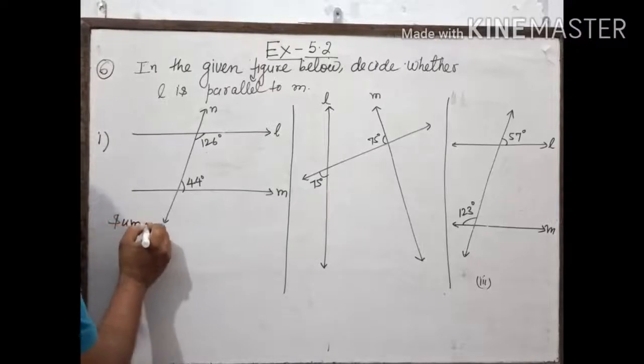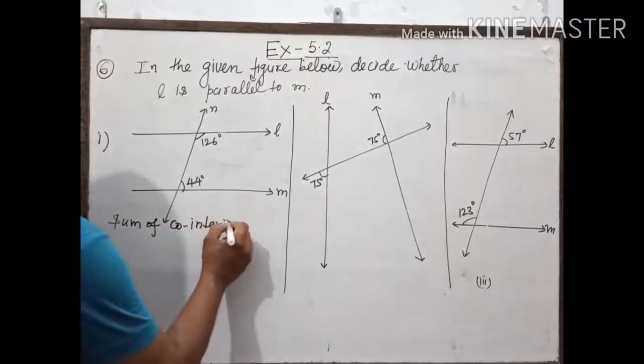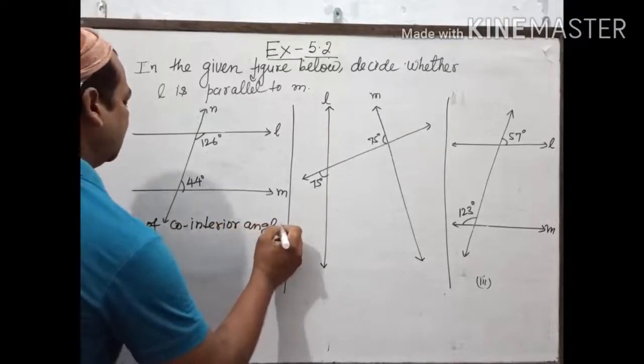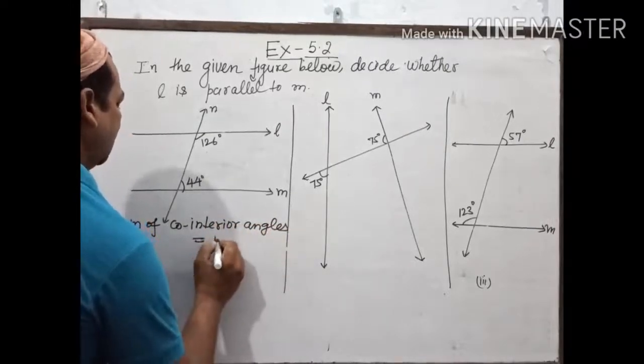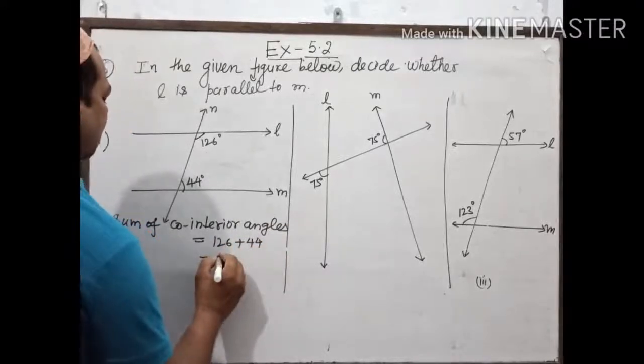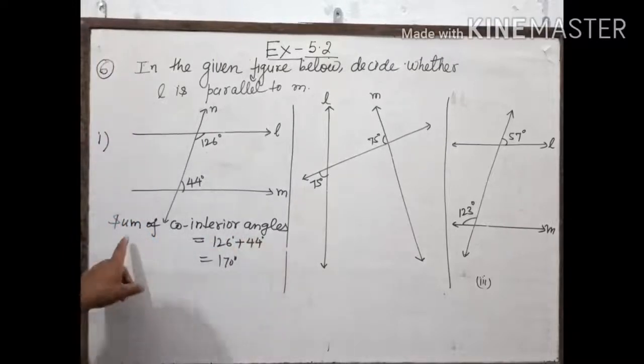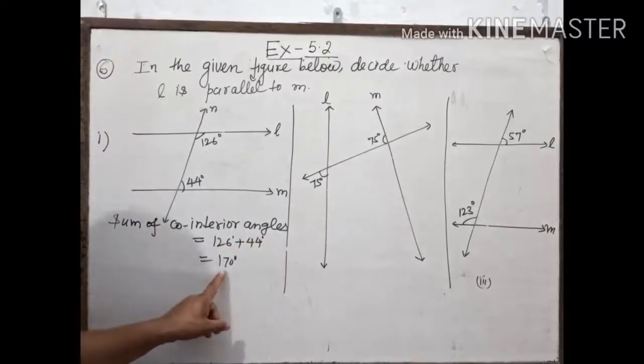We have to check if L is parallel to M. When L is parallel to M, the co-interior angles are supplementary. Now the sum of co-interior angles, 126 plus 44, is 170 degrees. It means co-interior angles are not supplementary.